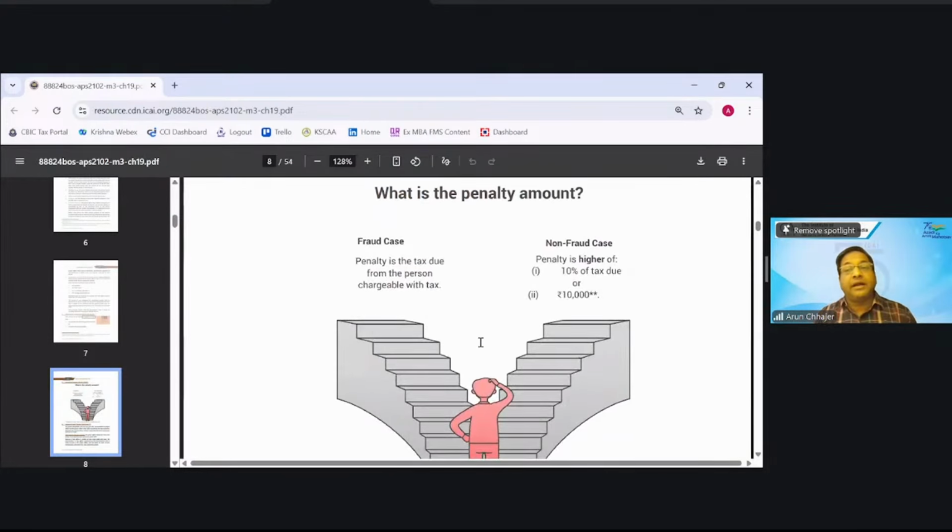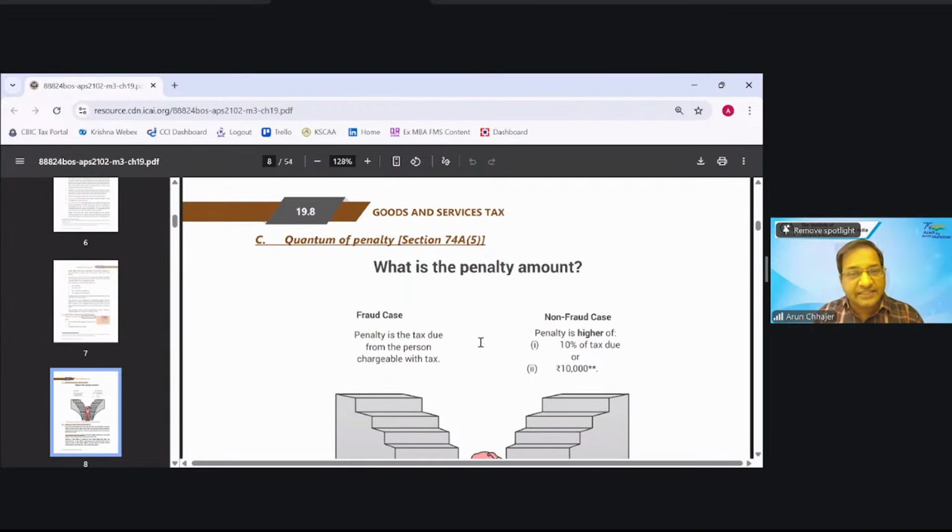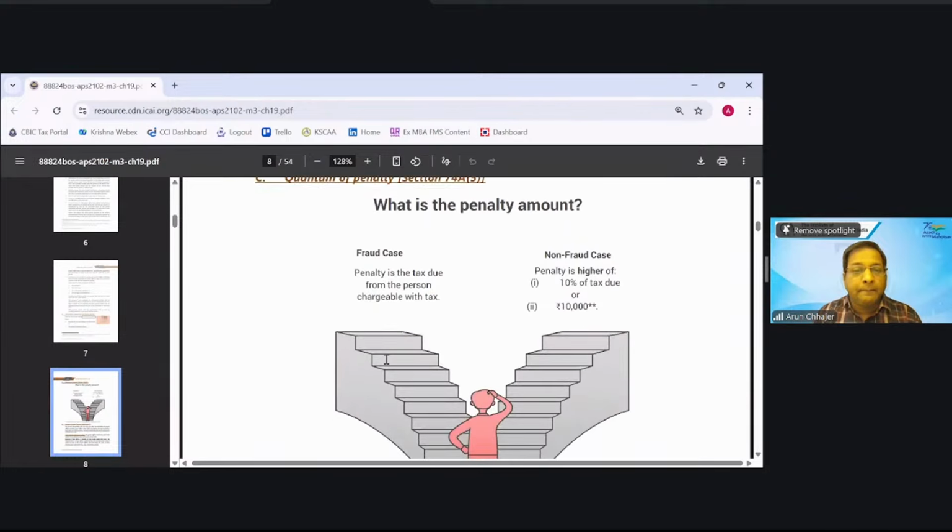What is the penalty amount? If you read section 74 capital A, subsection 5, it talks about fraud cases or non-fraud cases. In fraud cases, penalty is the tax due, 100% of the tax amount.